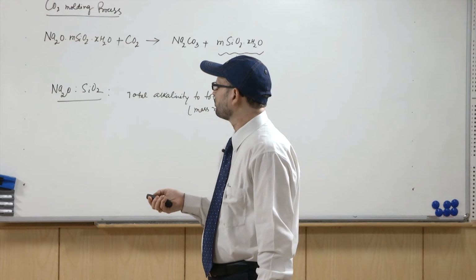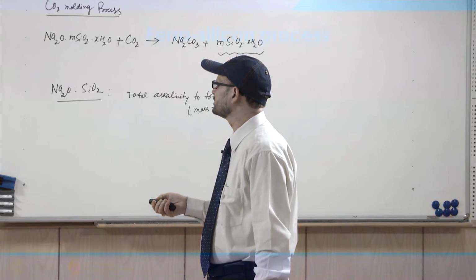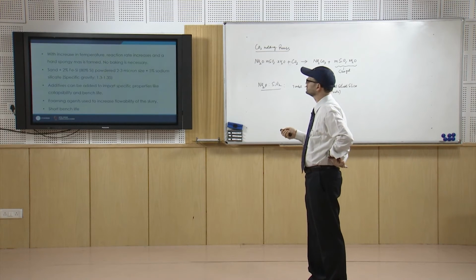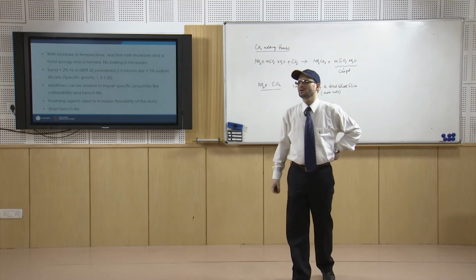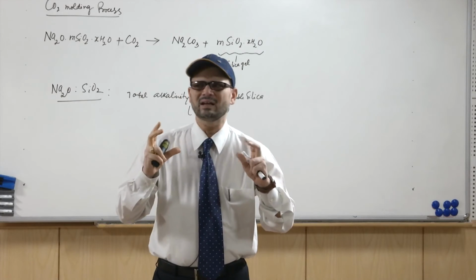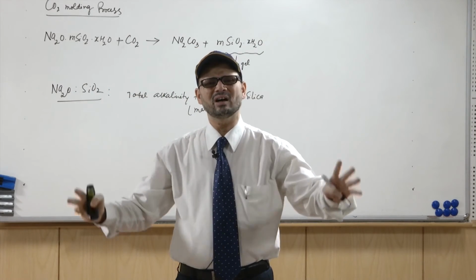If the excess of water is there, all the water is dispelled by decomposition and evaporation. So, as the temperature is increased, reaction rate increases and a hard spongy mass is formed, and that basically strengthens the mold.